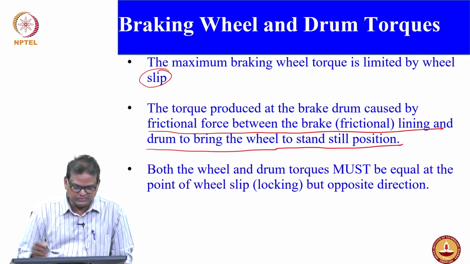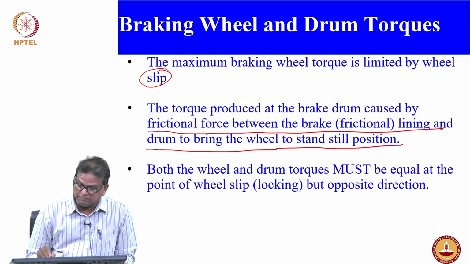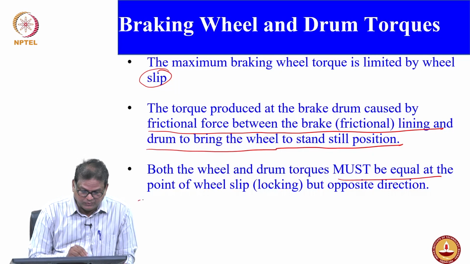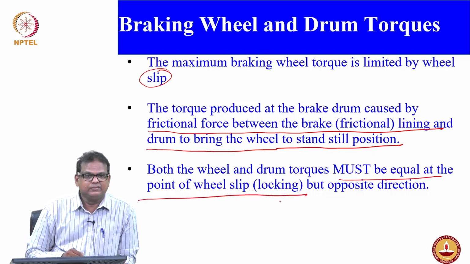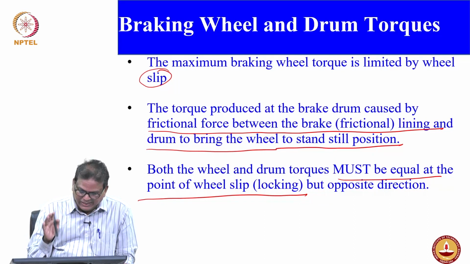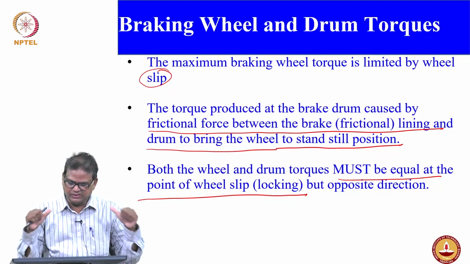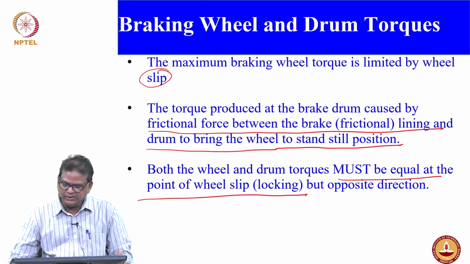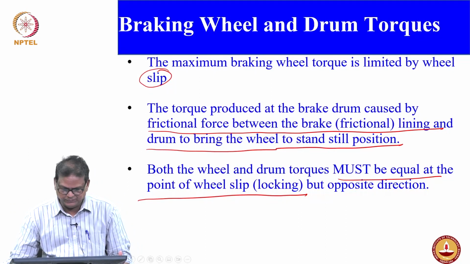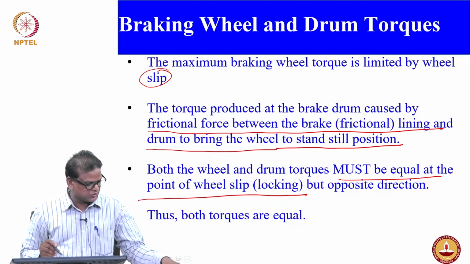Both the wheel and drum torque must be equal at the point of wheel slip. They should be equal but in opposite direction, then only the vehicle can stop. So both torques are equal and the vehicle will stop.